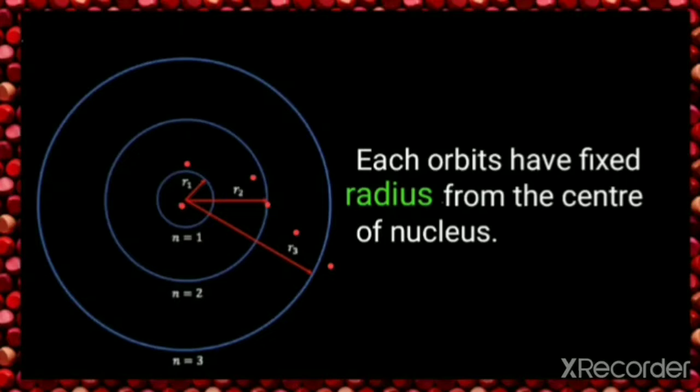So for the orbits, there will be a particular radius from the center of the nucleus, represented by R1, R2, R3.